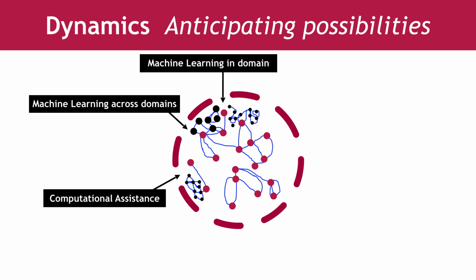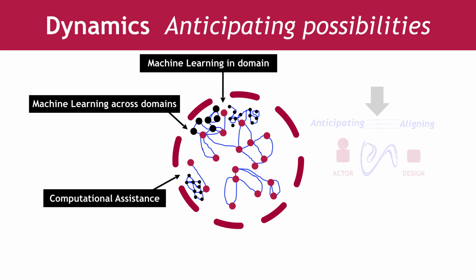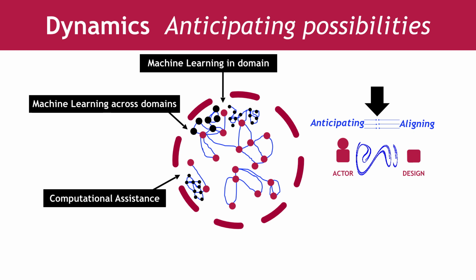It's changing the nature of the design. And so instead of this balance between anticipating what's possible and aligning with what's happening as the actor is engaging in the performance, the ability to anticipate is much less because there's a lot more aligning as the nature of the domain is changing with this intelligence, new information, new discoveries.